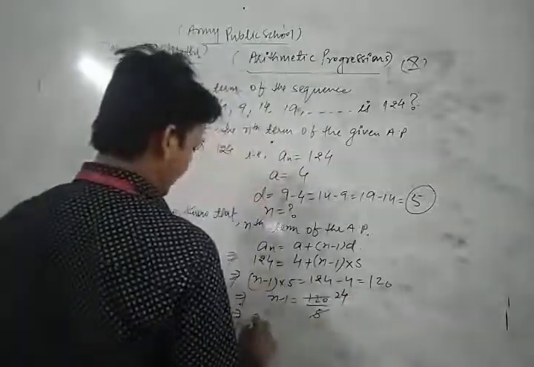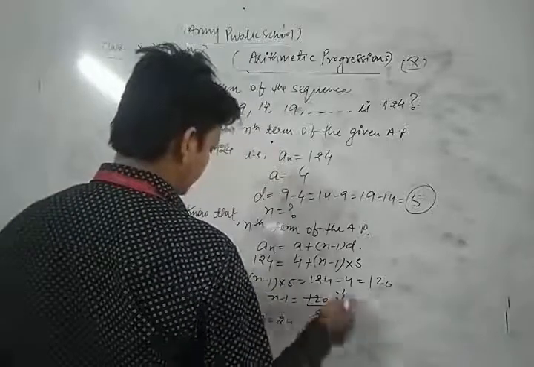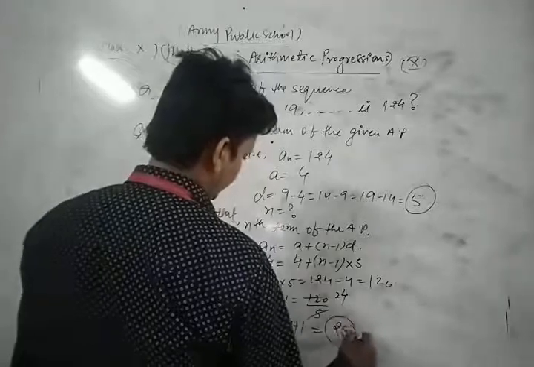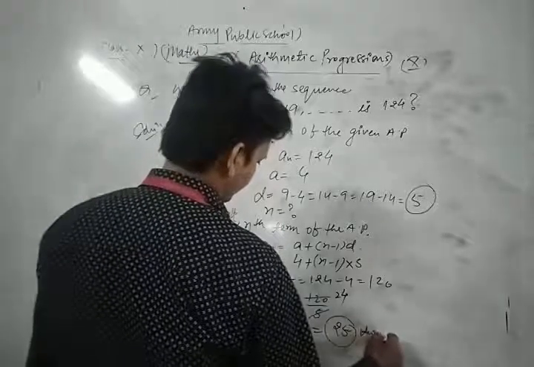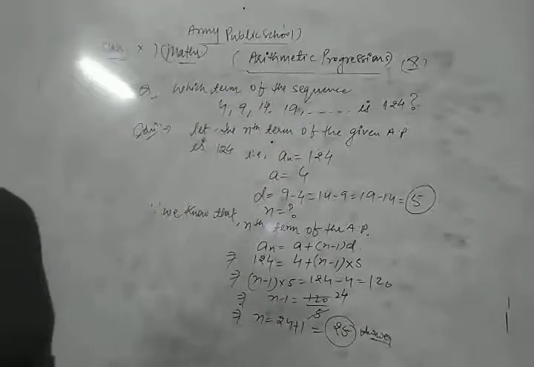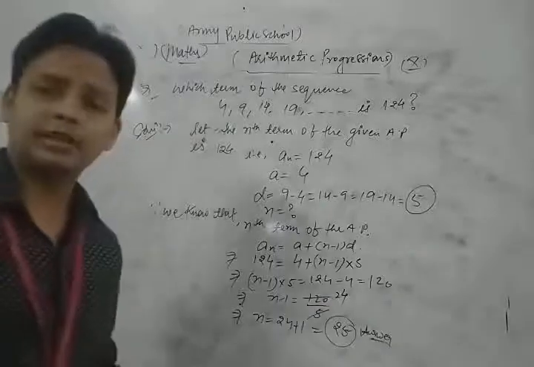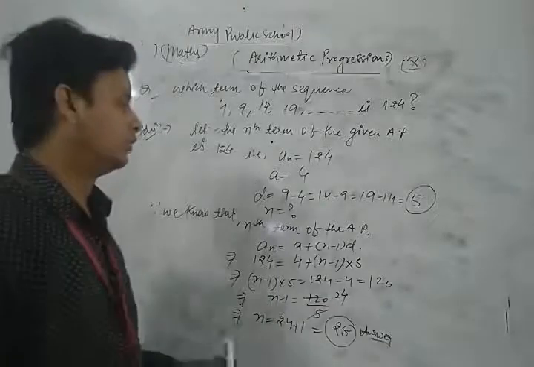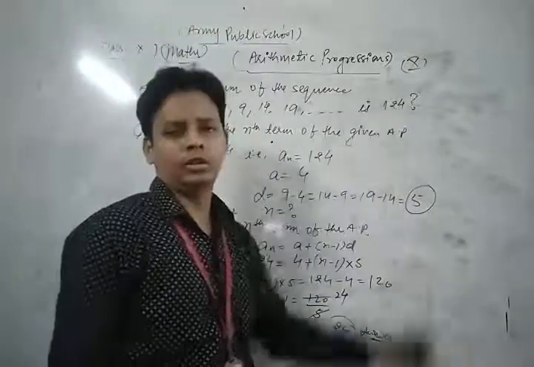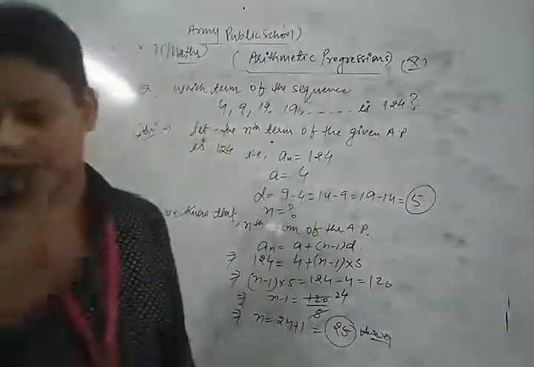Thus the value of n is equal to 24 plus 1, which is 25. This is the required solution of the given question. Hence, in this way we can say that the 25th term of the given sequence is 124.